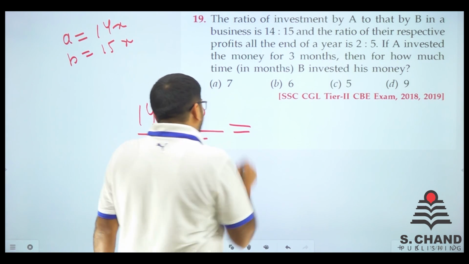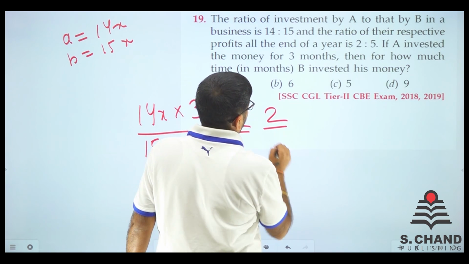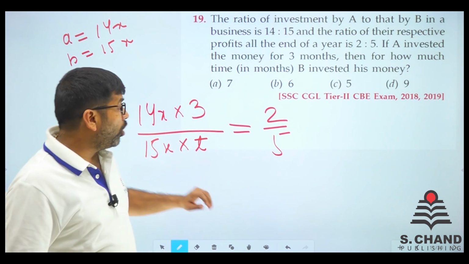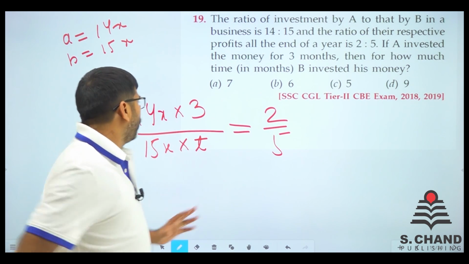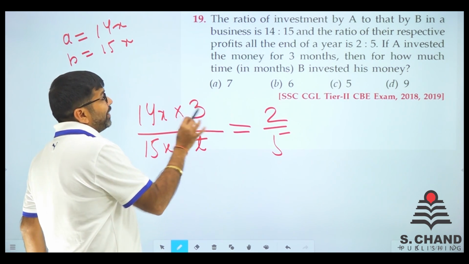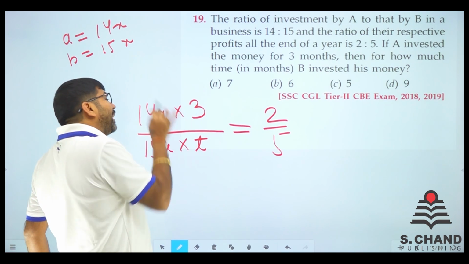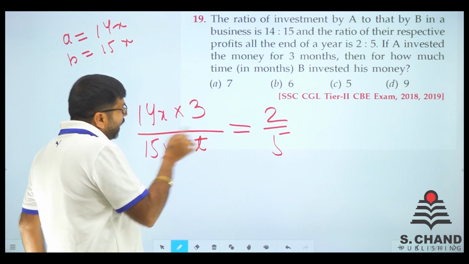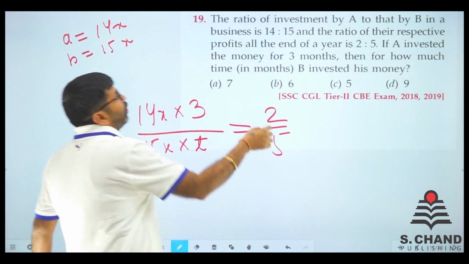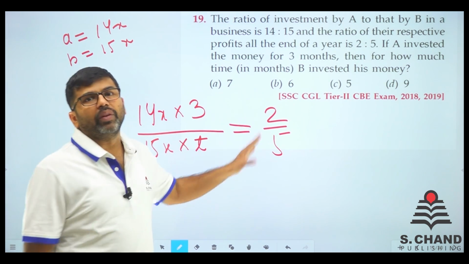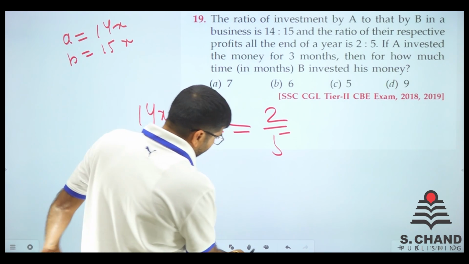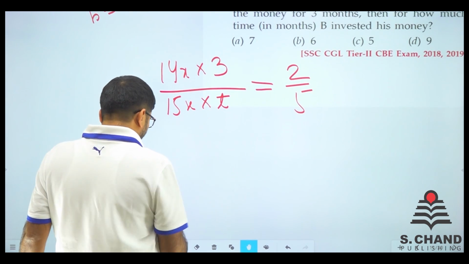And that came out to be 2:5. Why so? Because you know it very well, in compound type of partnership, what we do is just multiply the time into the money invested. That will be the actual ratio of their gains or profits. So in this way we can find out the T. Let's see how we can do it.